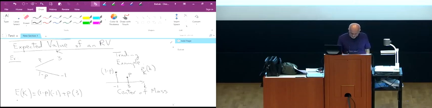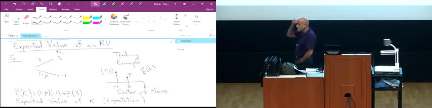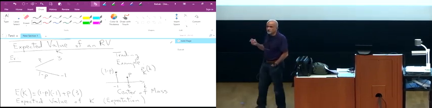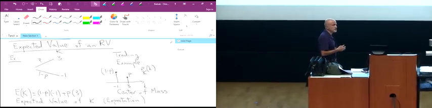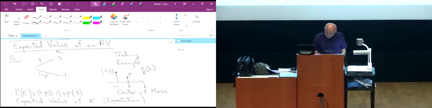This is the expected value of random variable K. And sometimes we just call it its expectation. What are we doing? We're taking the different values and scaling them, doing essentially a convex combination. Notice these coefficients are non-negative and they add up to 1.